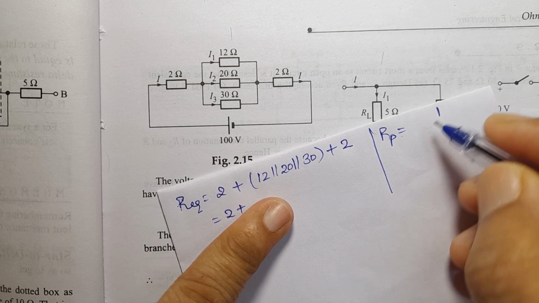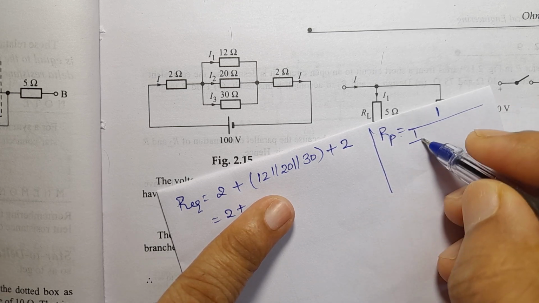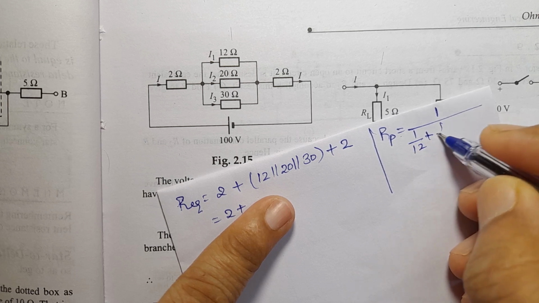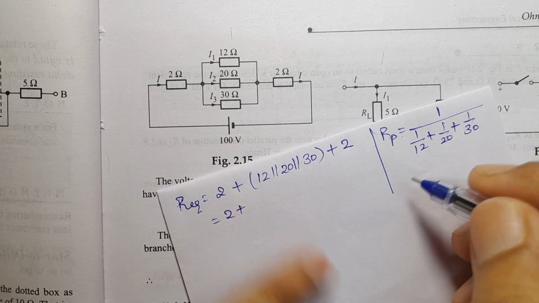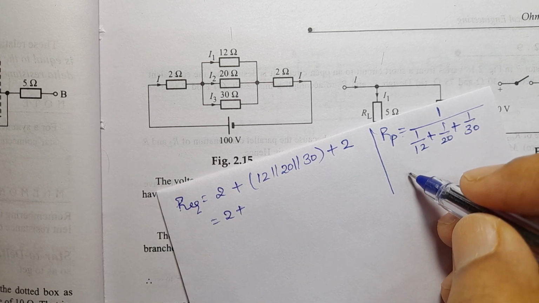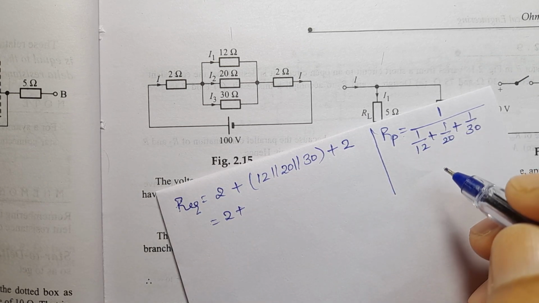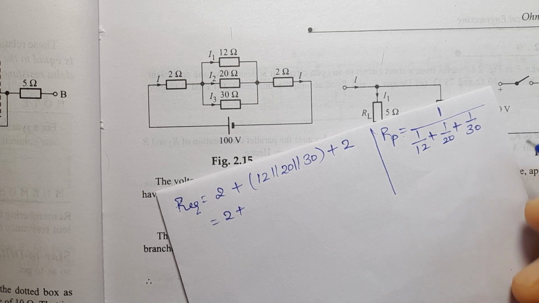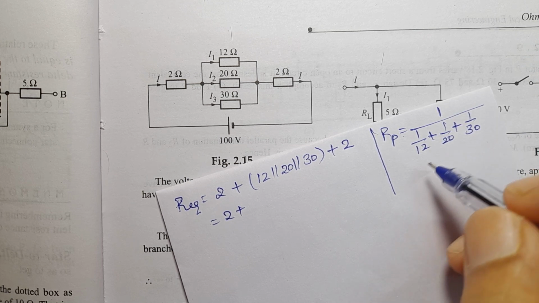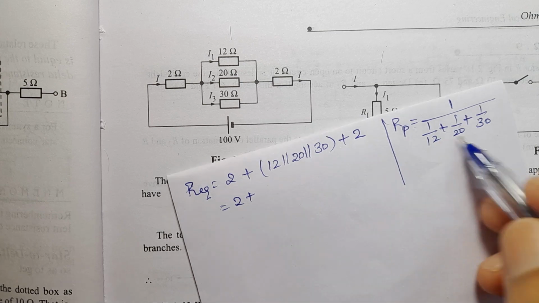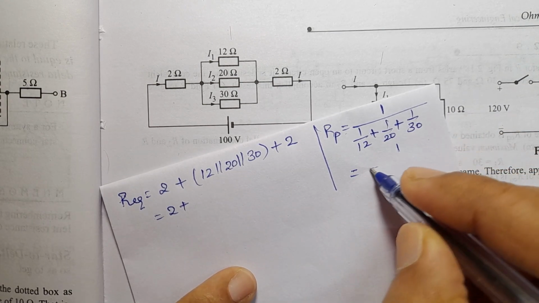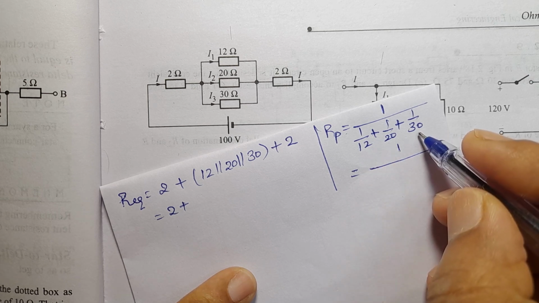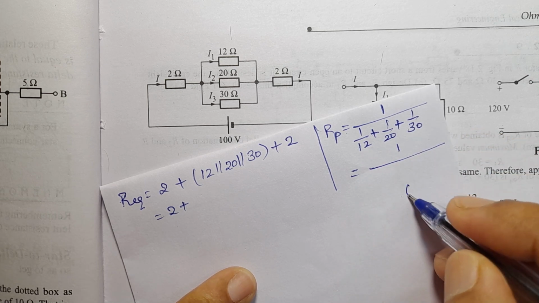So RP equals 1 divided by (1 by 12 plus 1 by 20 plus 1 by 30). Actually the formula is 1 by RP equals 1 by R1 plus 1 by R2 plus 1 by R3 and so on, you know that. But RP can also be written like this: equal to 1 divided by, take LCM, so 60 is the LCM.